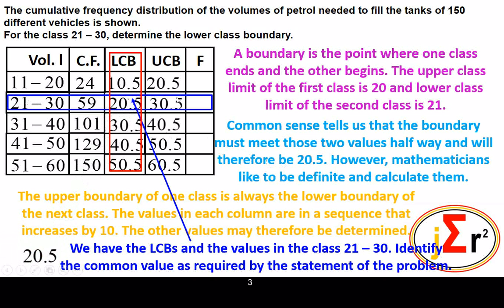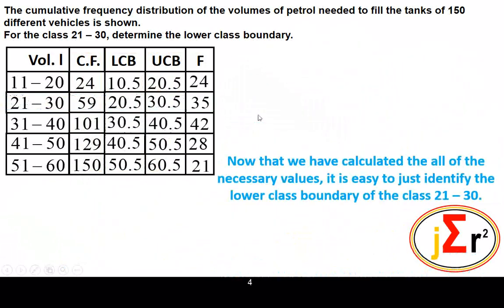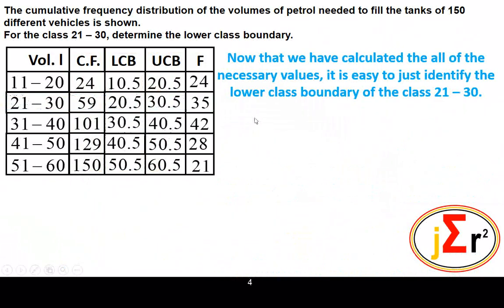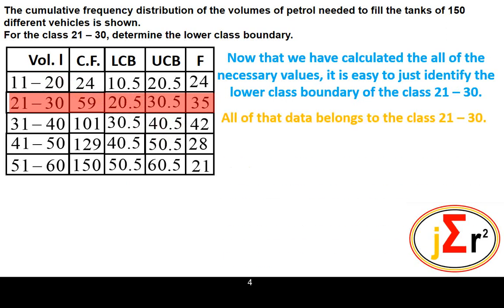Let us take a second look at that. Now that we have calculated all of the necessary values, it is easy to just identify the lower class boundary of the class 20 to 30. So we have all of the values, all data values belonging to the class 20 to 30.